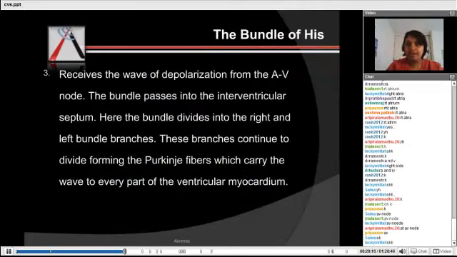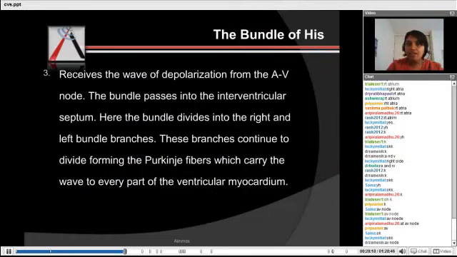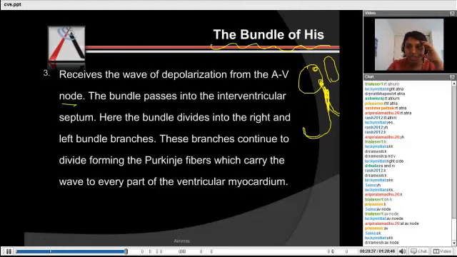After that we have the bundle of His. It receives a wave of depolarization from the AV node. So we have the SA node, the AV node, and then this bundle of His, which passes into the interventricular septum. Then it divides into right and left bundle branches.